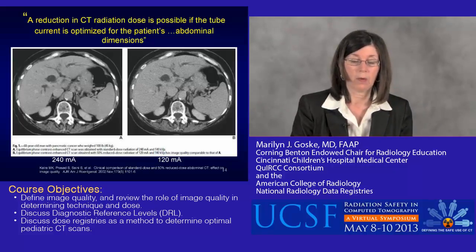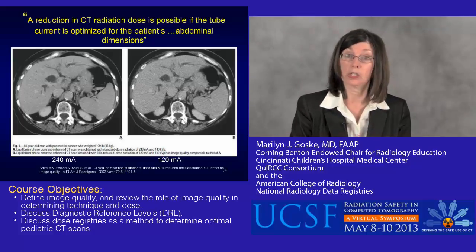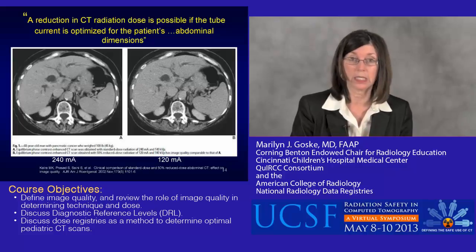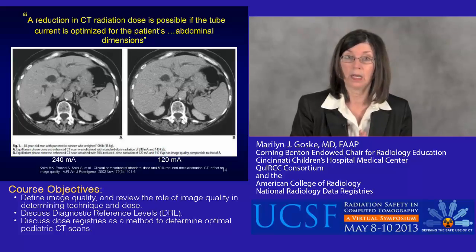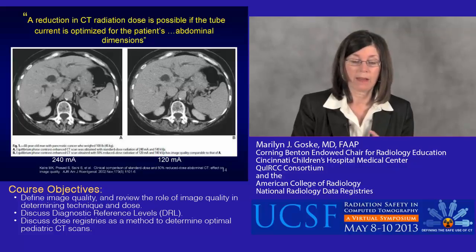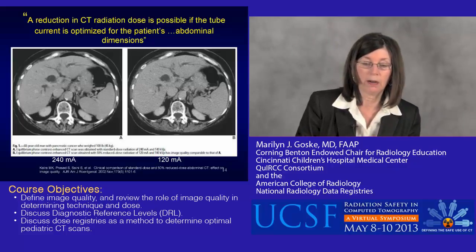Next slide. This next slide demonstrates, I think, a wonderful early article that was written in 2002 by Dr. Mannudeep Kalra. He is a leading investigator in radiation and dose. And what he did in adults was perform a CT scan and then do a very limited number of repeat images at 50% of the radiation dose.